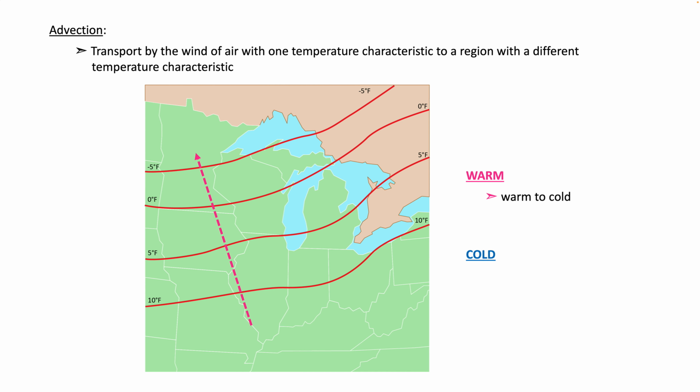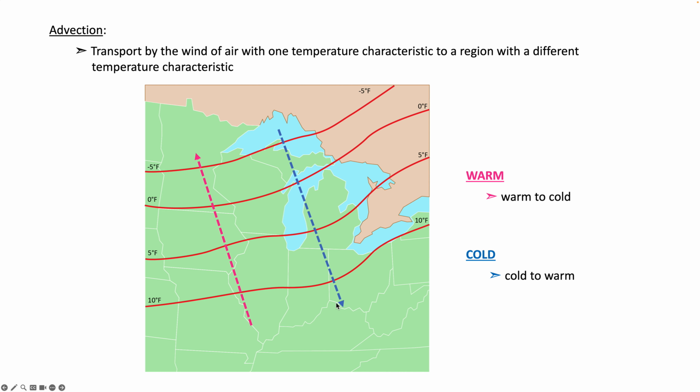Conversely, cold advection is transport by the wind of cold air to a region where the temperatures are warmer. So cold to warm. So here is a blue dashed line that I put in. Again, this is not in your investigation. This is just to help you. And you'll see that this blue line is again perpendicular to the isotherms.